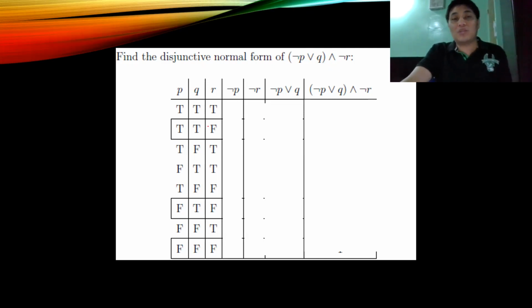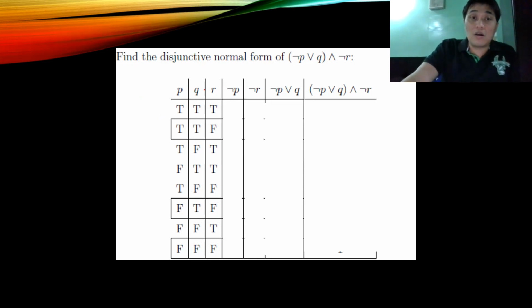In our truth table, we have the statements P, Q, and R, and here is our data in the truth table.